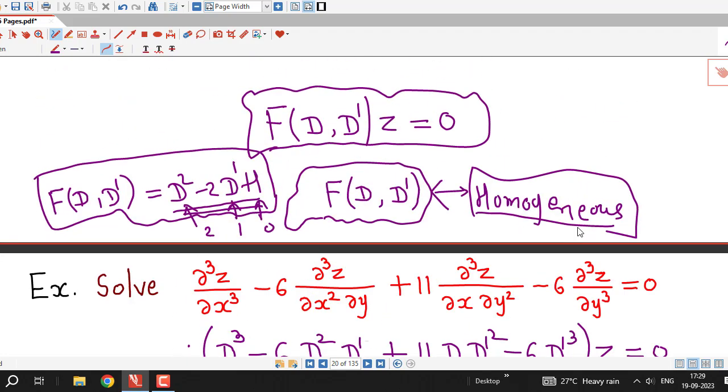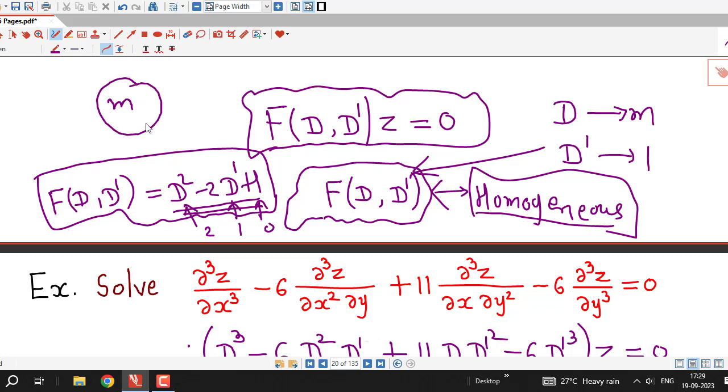And for that what we are doing, we are first writing the auxiliary equation, and for that we replace D by m, D dash by 1 in this function F, and then we equate it to 0. Then we solve the corresponding auxiliary equation and we find out values of m satisfying the auxiliary equation, and depending upon the types of roots of auxiliary equation, we have two formulas for the general solution.